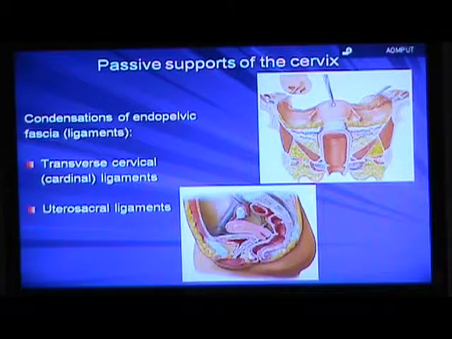So passive supports of the cervix are the condensations of the endopelvic fascia, the ligaments. So there are two ligaments, the transverse cervical, also called the cardinal ligaments of uterus, and the uterosacral ligaments. Here you can see the uterosacral ligament.